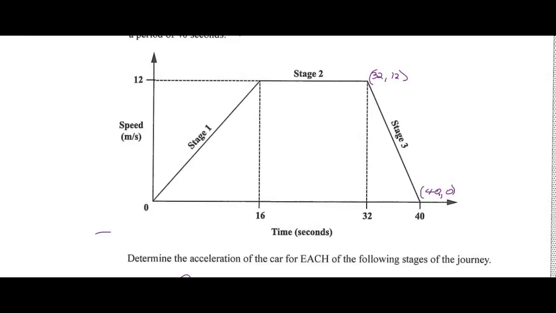So therefore, the gradient of stage 3 is 12 minus 0 over 32 minus 40, which gives us 12 over negative 8.